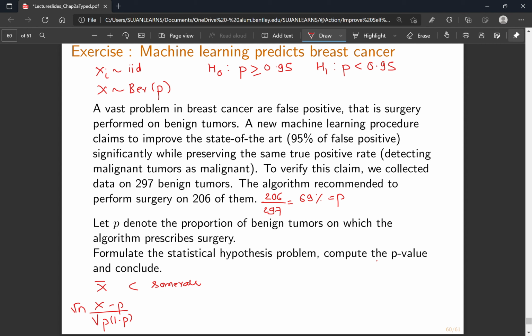We are trying to standardize this by some value. Now, this value should be less than some value.